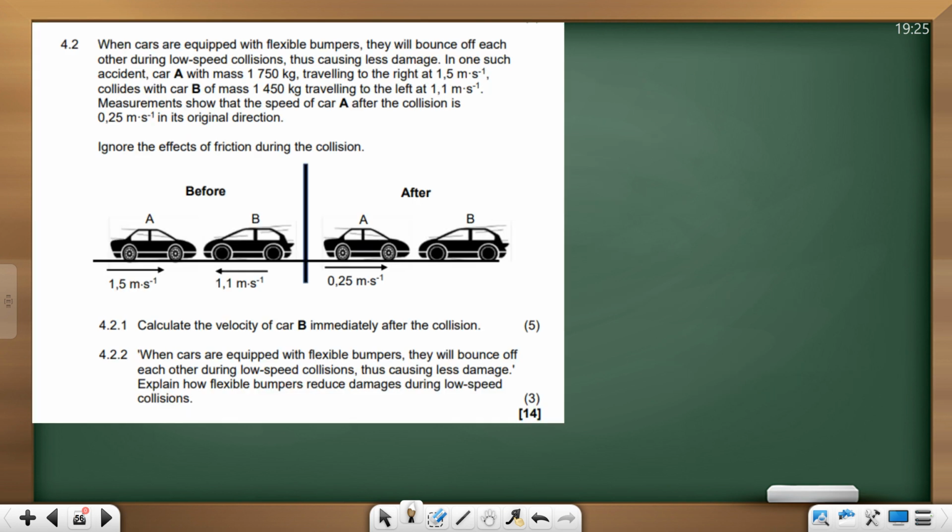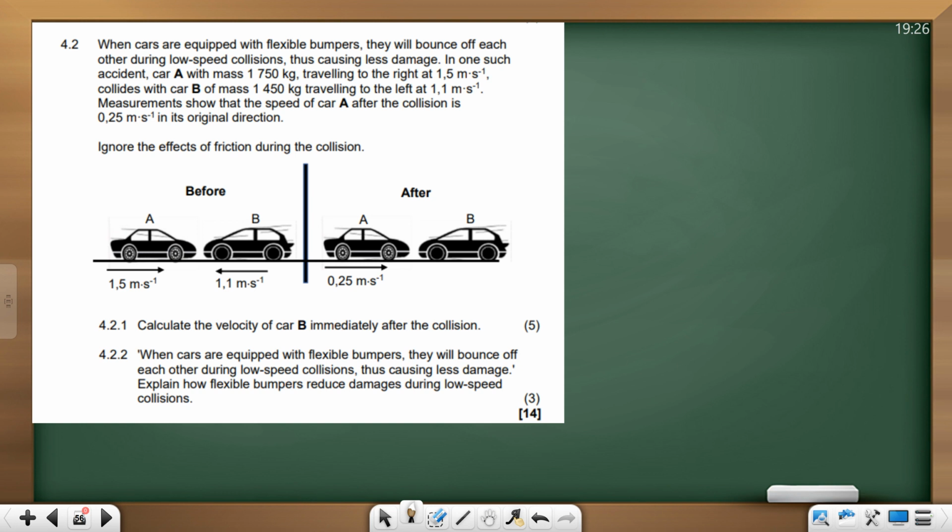All right, let's quickly check this one. When cars are equipped with flexible bumpers, they will bounce off each other during low-speed collisions, thus causing less damage. In one such accident, car A with a mass of 1750 kilograms traveling to the right at 1.5 collides with car B of 1450 traveling to the left.